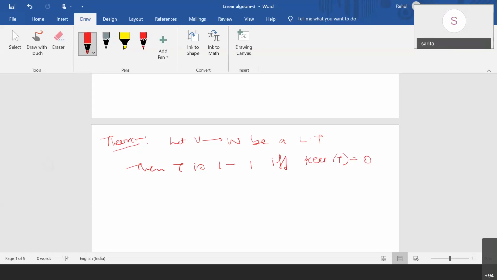Can you try? Let T be a linear transformation. Then T is 1 to 1 if and only if kernel T is 0.